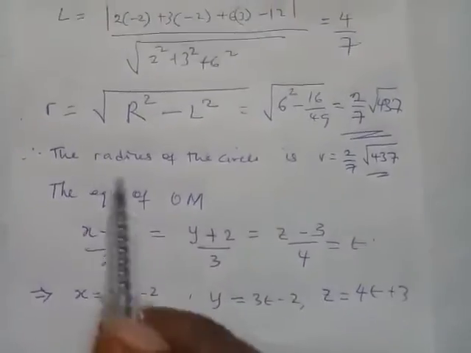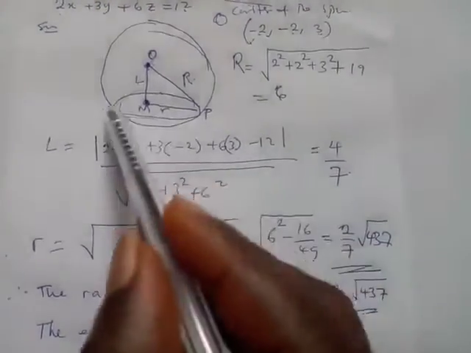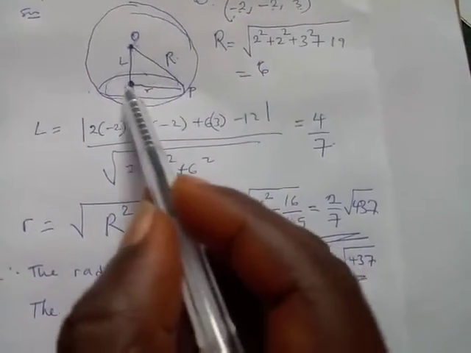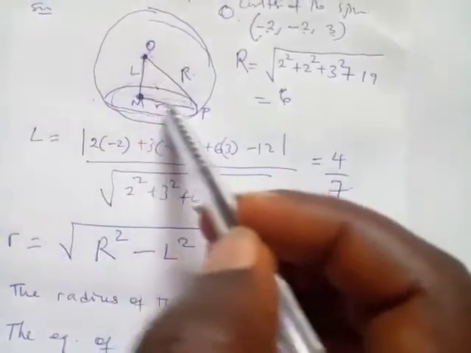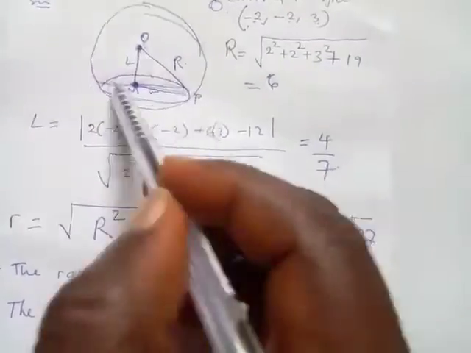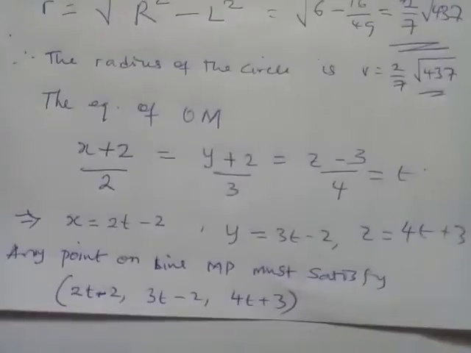So this line now, any point on this line MP must satisfy this, because this line is perpendicular to this. Let me write it in words.